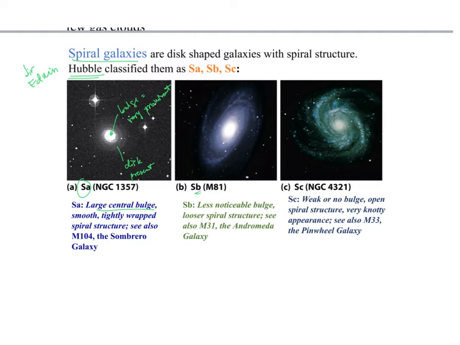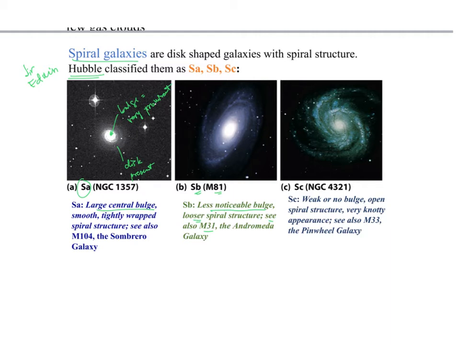And then moving to the spiral of type B, for example, you see the bulge is a bit less noticeable, okay? And the spiral structure becomes a bit looser. So this is one example, M81, and some other examples are M31, which is the Andromeda galaxy.